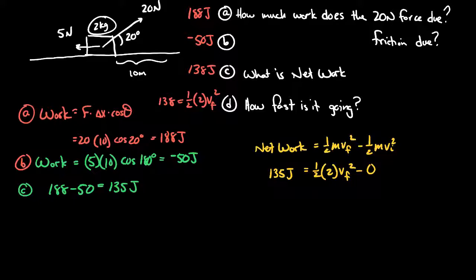Started from rest. Yes, it should be 138. Thank you. So that means v final is simply the square root of 138, which is what, just a little bit less than 12. Well, 11 point what? 11.74 meters per second.